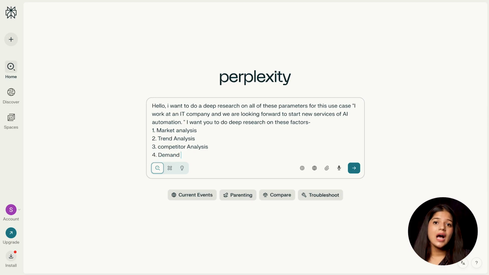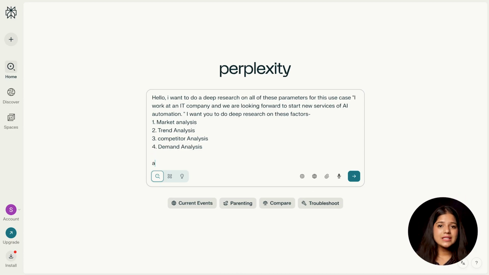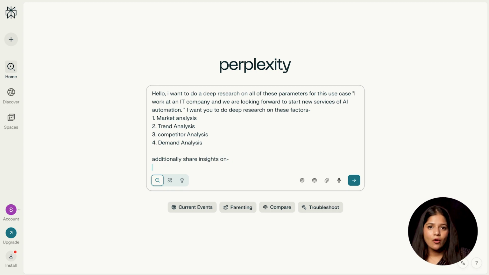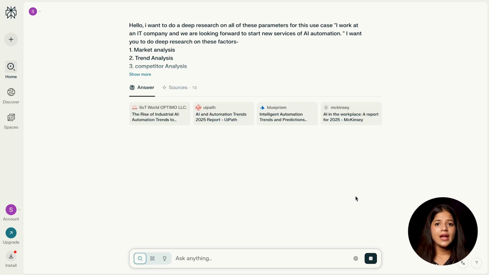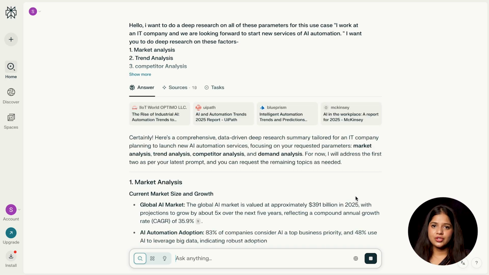I am not just asking, is AI automation profitable? I am giving out the specific context like existing CRM and workflow automation services, considering expansion into AI automation, need to understand market opportunity, competitive analysis, and profitability potential.